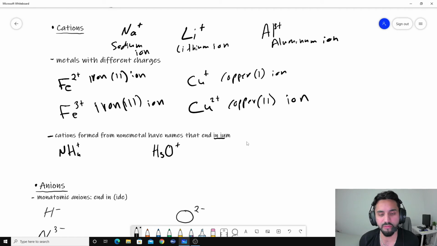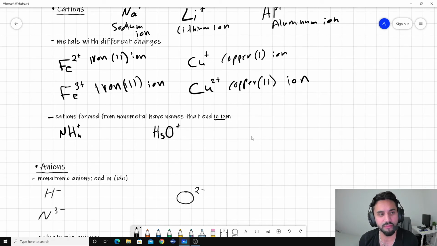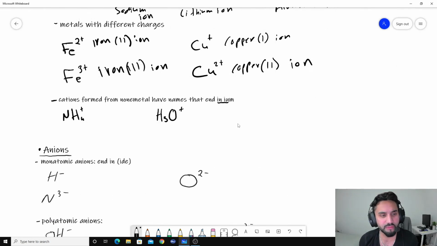So not only metals or transition metals can become cations. There are some nonmetals also that can create nonmetal cations.